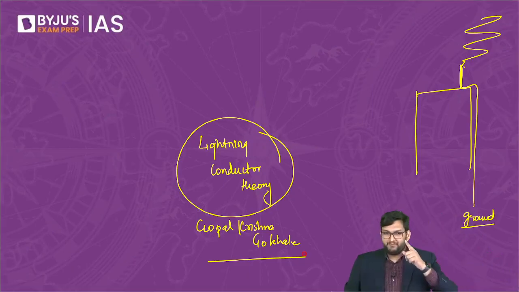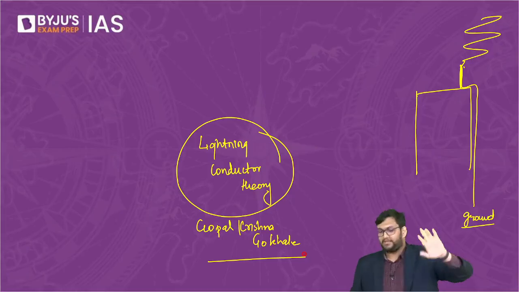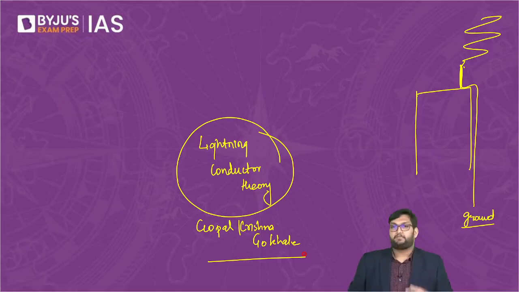So, very simply, Gopal Krishna Gokhale reversed the whole concept. He said that, okay, safety valve theory is correct. But if safety valve theory is correct, then lightning conductor is also correct. That we actually used them.